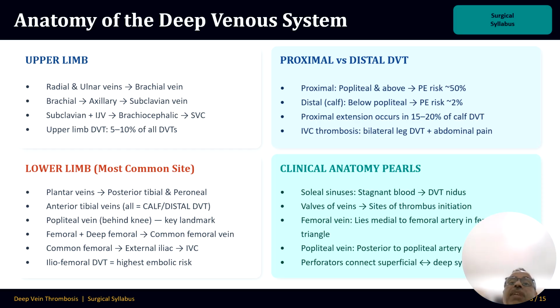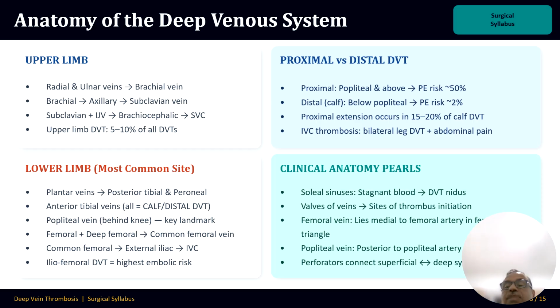Femoral vein generally lies medial to the femoral artery in the femoral triangle. That means if we have to find the location of the femoral vein, then palpate the femoral artery and the vein would lie medial to that pulsation of femoral artery. Popliteal vein generally lies posterior to the popliteal artery, and the perforators or communicating veins connect the superficial with the deep venous system.